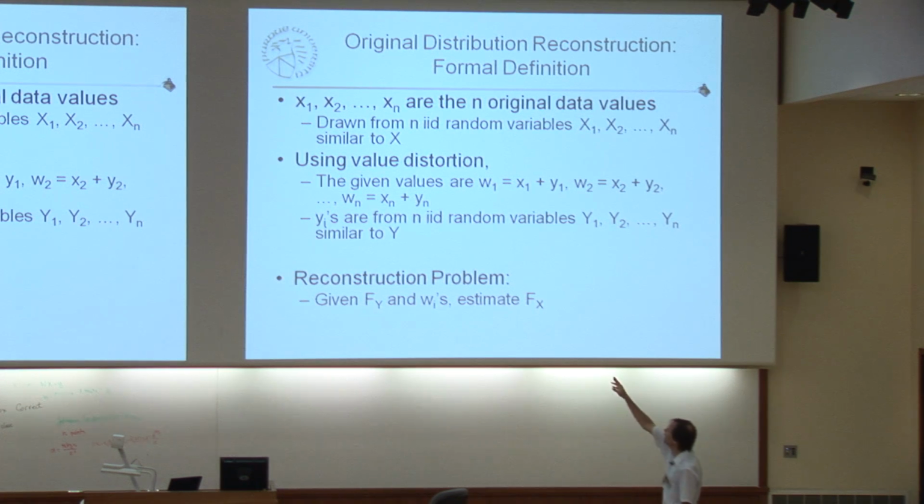We have our original data, which we assume is drawn from the true distribution. Then we have the values that we receive, and we have our y sub i.